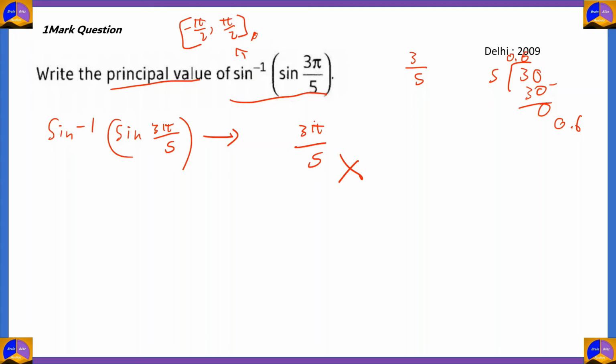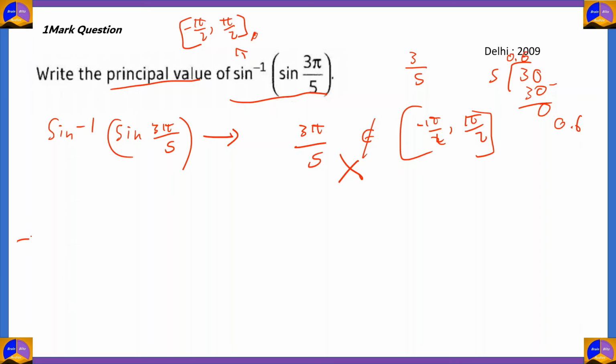So the angle theta should belong to this range. But 3 pi by 5 is 0.6 pi, while 1 by 2 is just 0.5. So it will be 0.6 pi, which is greater than 0.5 pi. So essentially, this does not belong to minus pi by 2 to pi by 2. Therefore, this answer is incorrect.